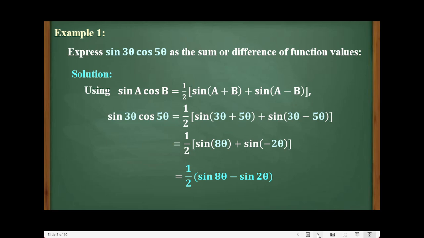Sine of negative 2 theta will give you minus sine of 2 theta, since negative times positive is negative. So the simplified answer is 1/2 of quantity sine 8 theta minus sine 2 theta.